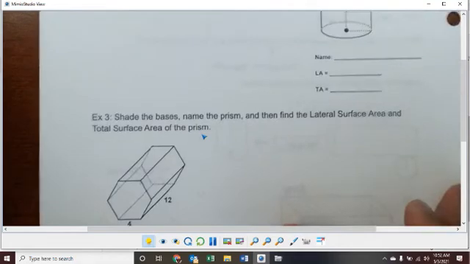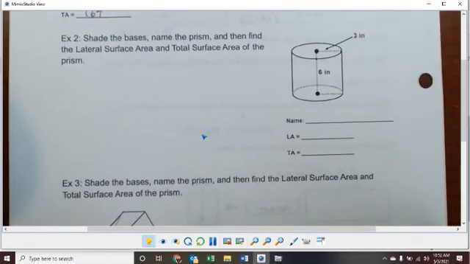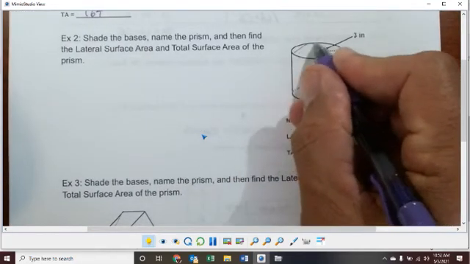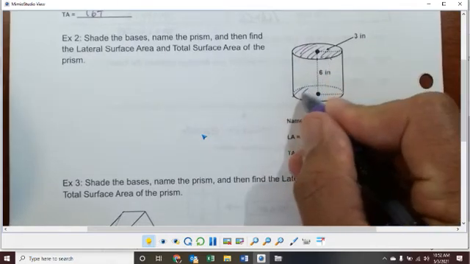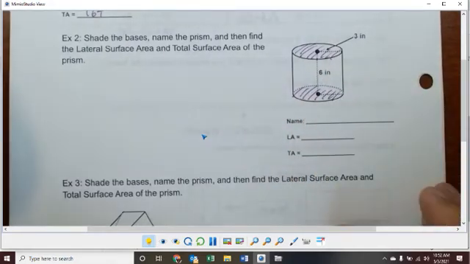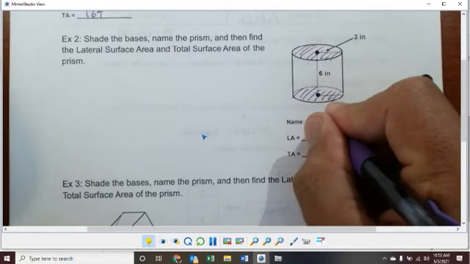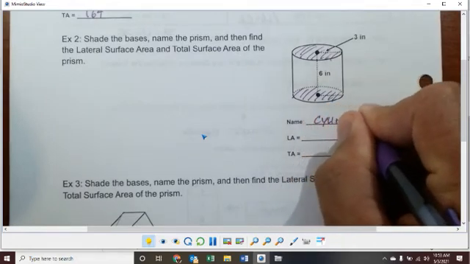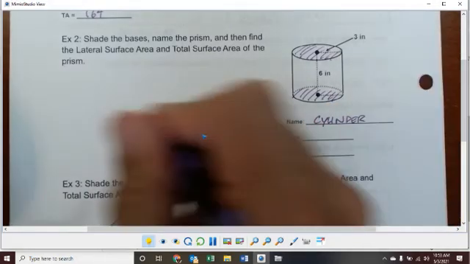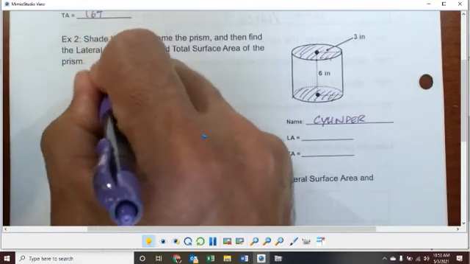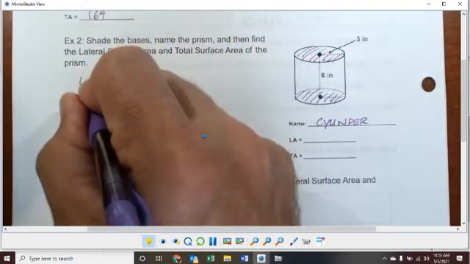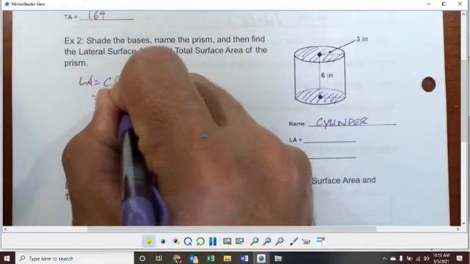All right, number 2. Here we have a cylinder. Of course in a cylinder the bases are going to be the circles. Our lateral area for a cylinder is circumference times height, which is 2 pi r times height.